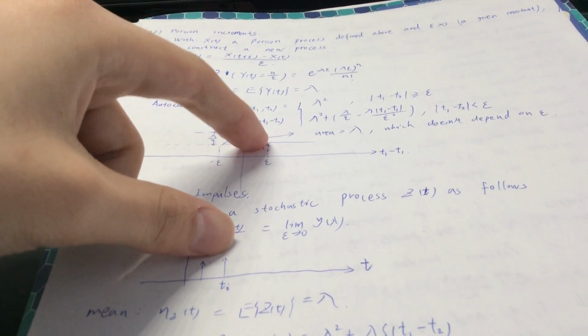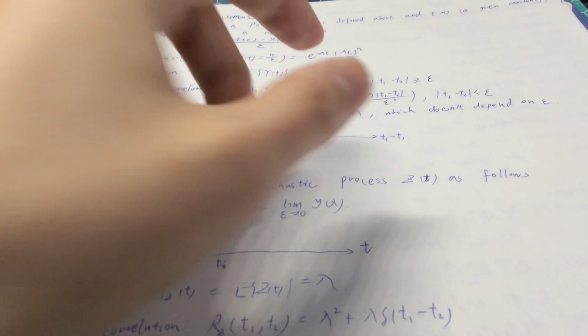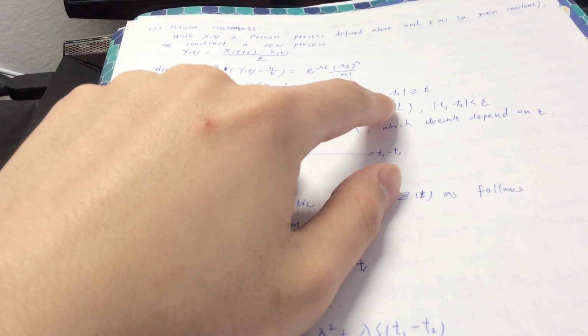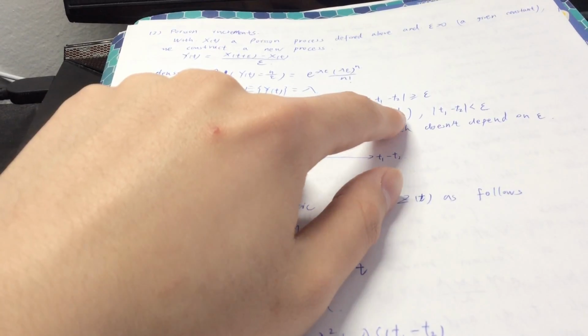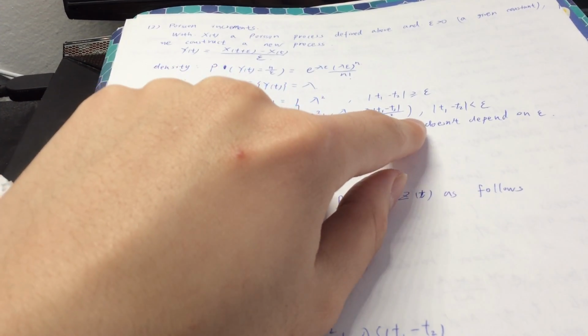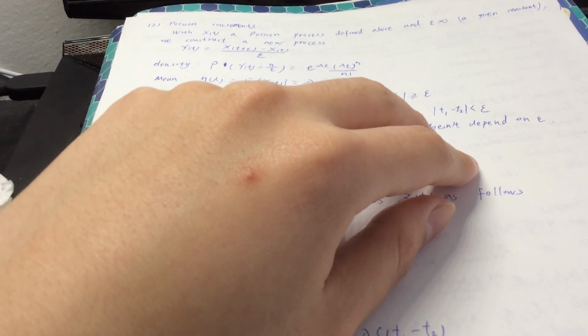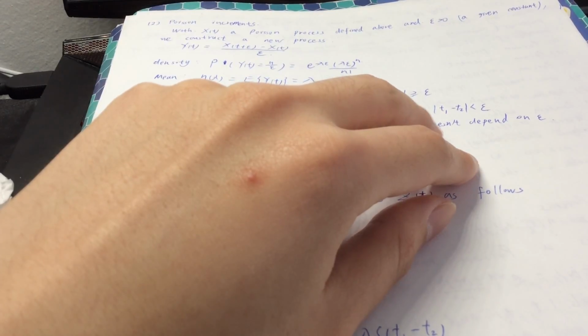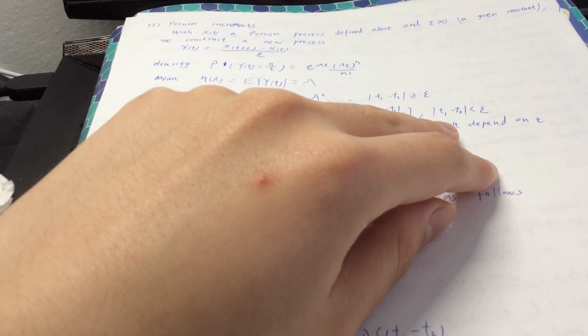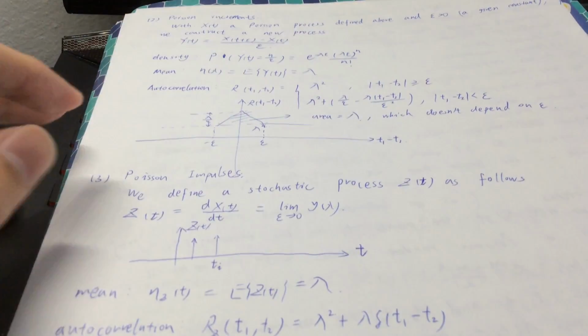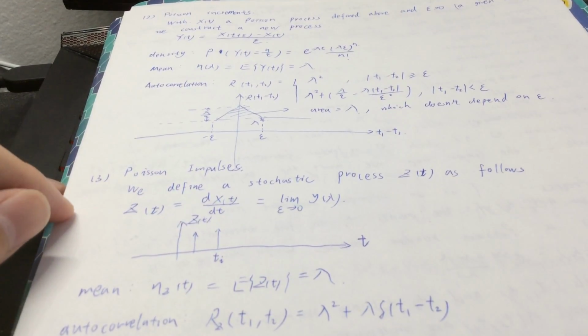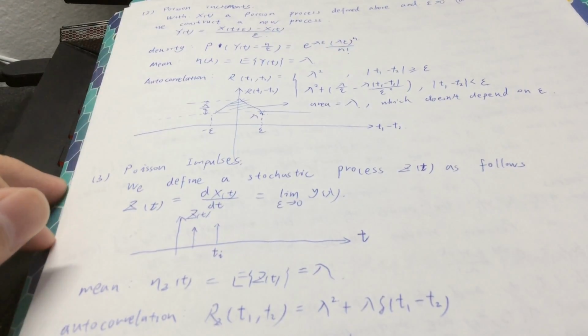we can divide into two parts. One is the absolute value of t1 minus t2 larger than or equal to epsilon, and the other situation is the absolute value of t1 minus t2 smaller than epsilon.